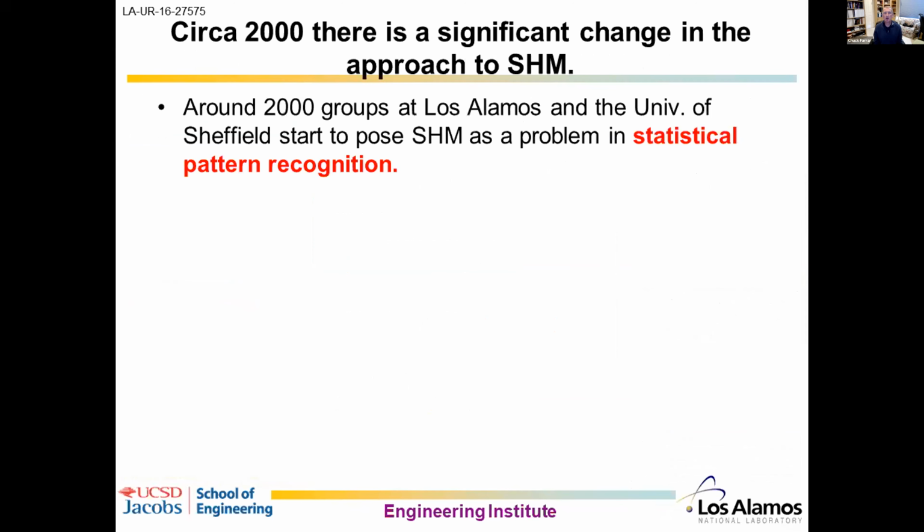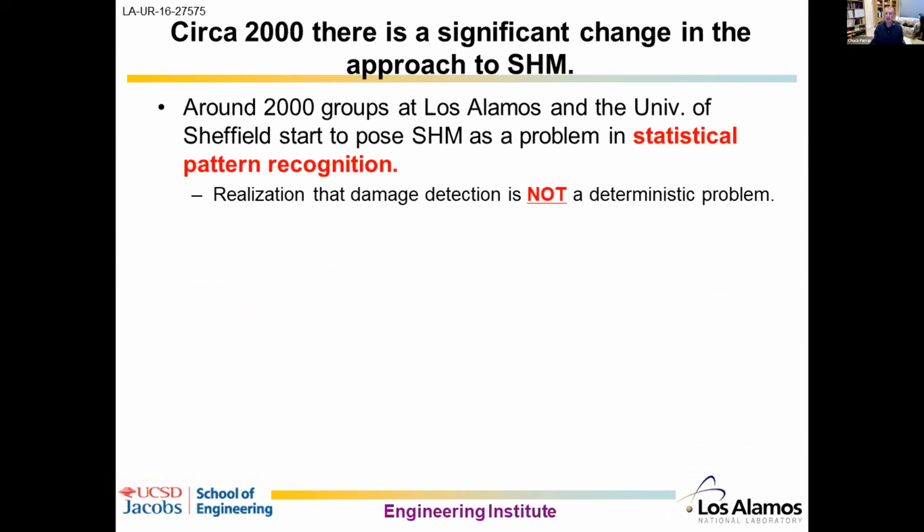Okay, so things start to change around 2000, and I would say the group at Los Alamos as well as Sheffield start to pose this problem as a problem in statistical pattern recognition. And it really emphasizes the issue that this damage detection problem is not a deterministic problem.